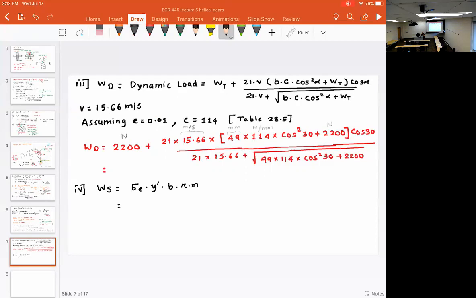This has to be in newtons. The units are inconsistent, so to speak, because this comes from dimensional analysis.